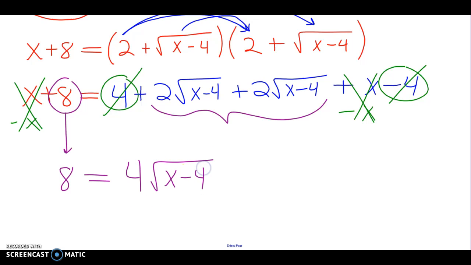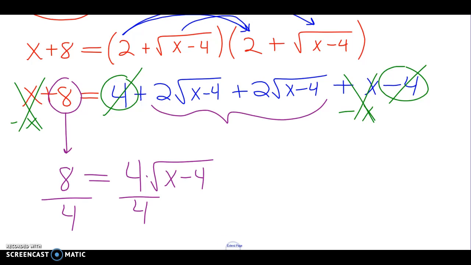So it's just like 2x plus 2x is 4x. Those are actually like terms, because they're both 2 square roots of x minus 4. So you can add them together, and now I have 4 of them. And now it's not looking too bad. So if this is 4 times this, now we're basically back at step 1 again. How do I get the square root isolated? Divide both sides by 4.